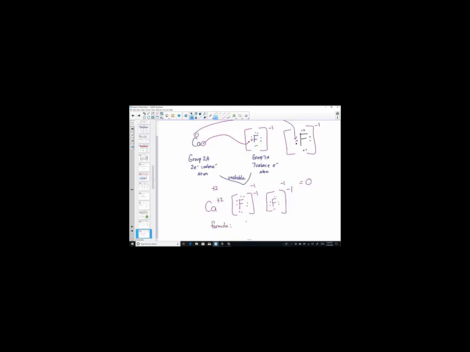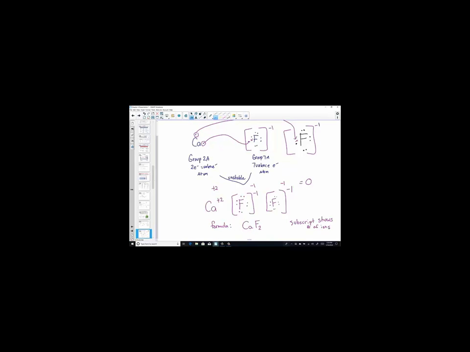The metal will always be written first. The calcium, we had 1 of those. It took 2 fluorides, and that's where the subscript comes in. The subscript tells us how many ions were used. Calcium was a +2.